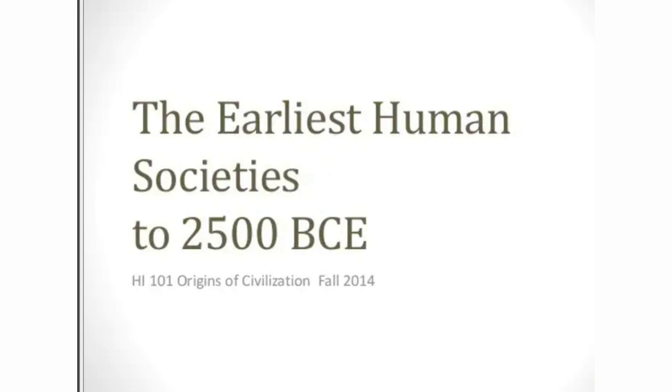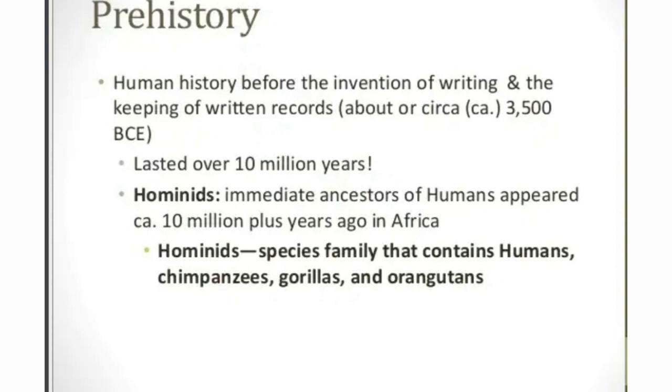Now, how was the life of these early humans? They were described as hunter-gatherers because they did not grow food, and they were totally dependent on nature for their survival.